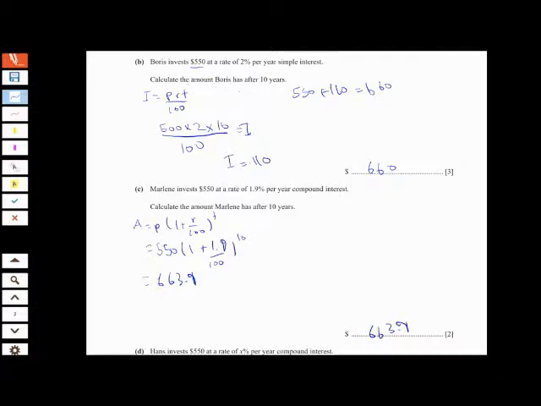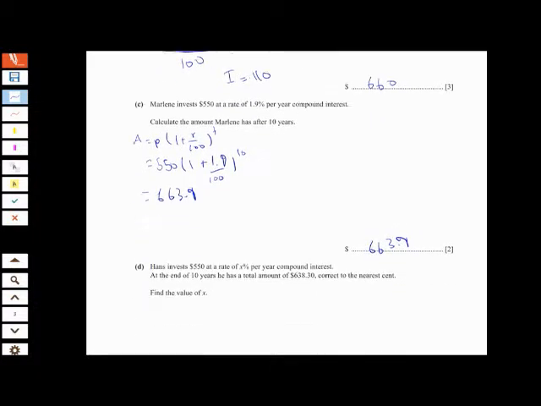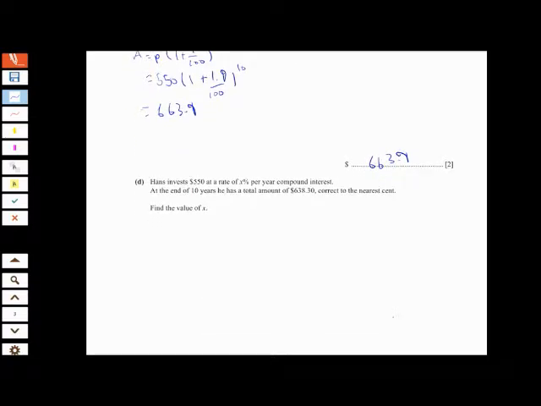Now moving on. Hans invests $550 at a rate of X% per year compound interest. This question is also compound interest. At the end of 10 years, he has a total amount of $638 correct to the nearest cent. Find the value of X. So use the same formula for the compound interest, but now it's a bit different.